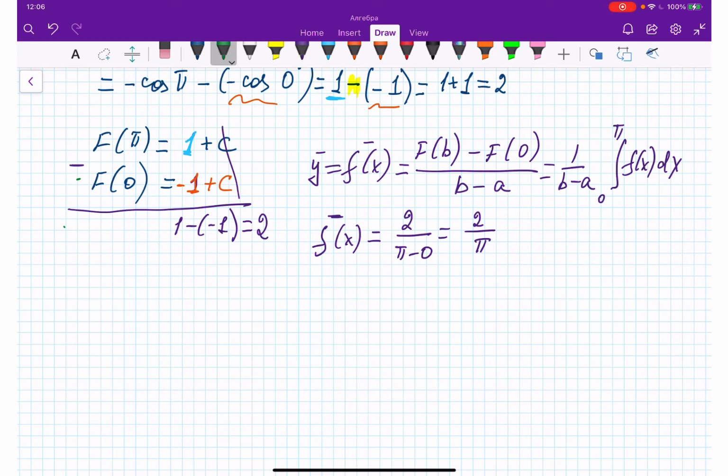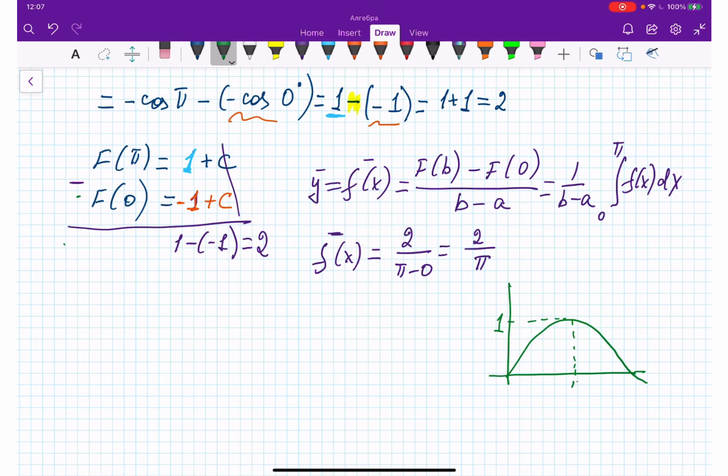Now let me show you on the graph. Let's say this is our sine. This is obviously going to be 1. This is going to be how much? It's going to be pi over 2, right? So pi over 2, it's going to be how much? It's equal 3.14 divided by 2, it's 1.5 and so on, so approximately 1.6.